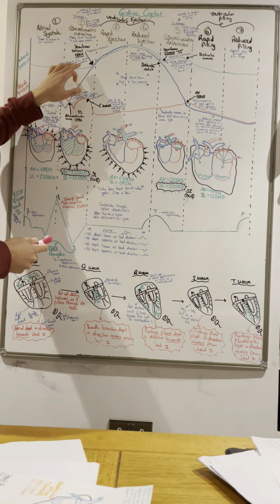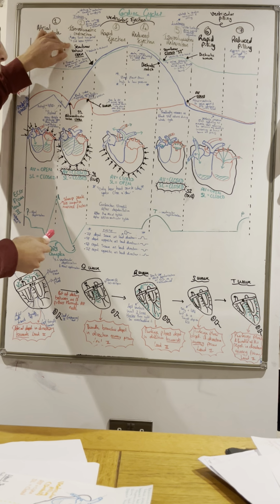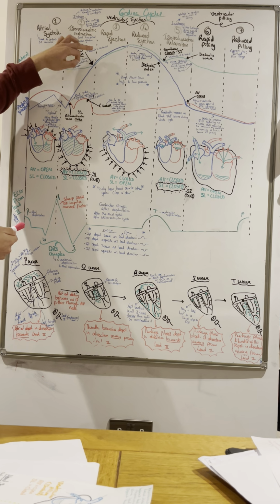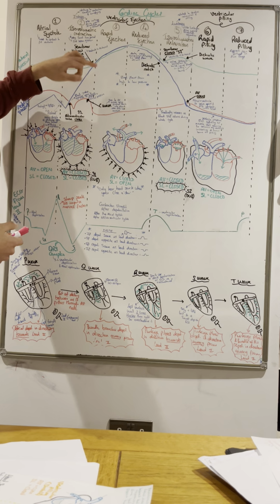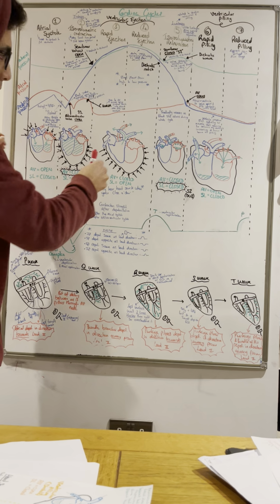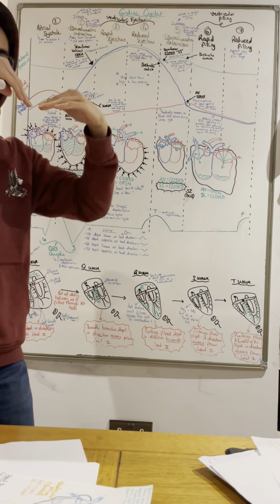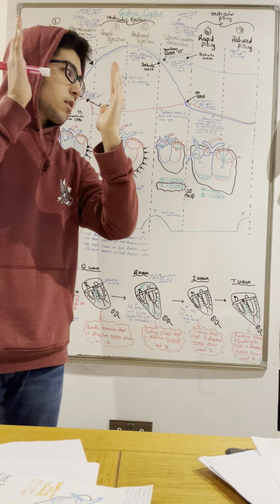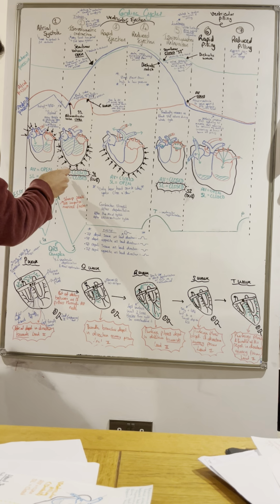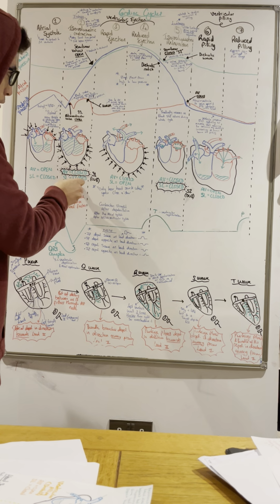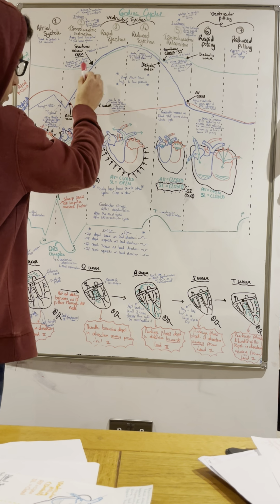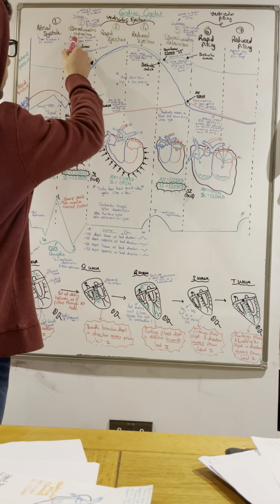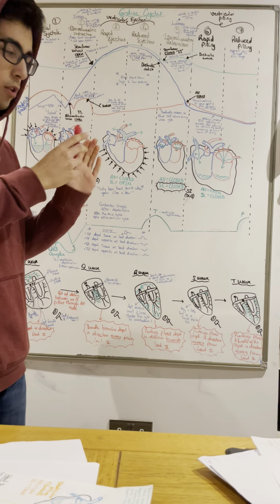So our semilunar valves will open at that point because the ventricular pressure is greater than our arterial pressure, so it is going to push our doors open, like little floodgates. So here, AV valve closed, semilunar valve closed for the most part, but it opens at the end of this stage. But once it's opened, it's no longer isovolumetric contraction because volume's changing.